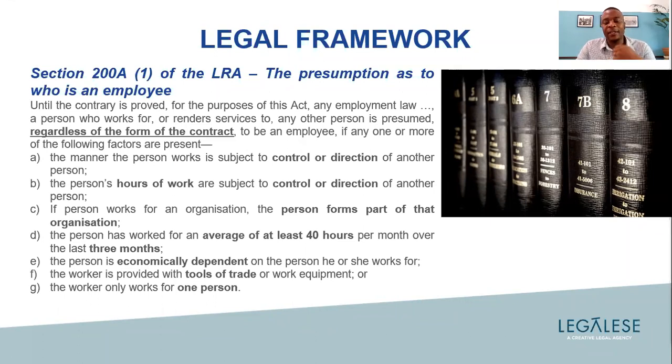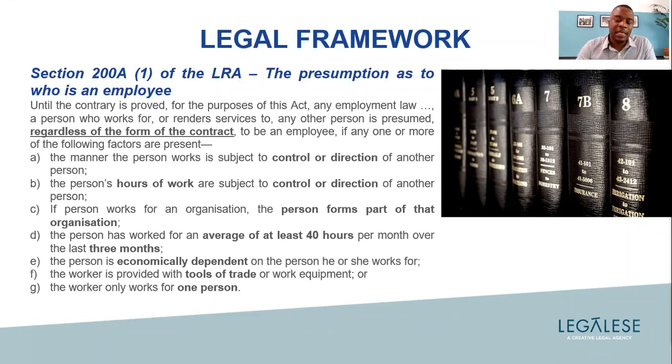And then the sixth one, where an employer provides tools of trade to that person, they will be presumed to be an employee. And the last one, if that person works only for that one person, then the presumption also kicks in.